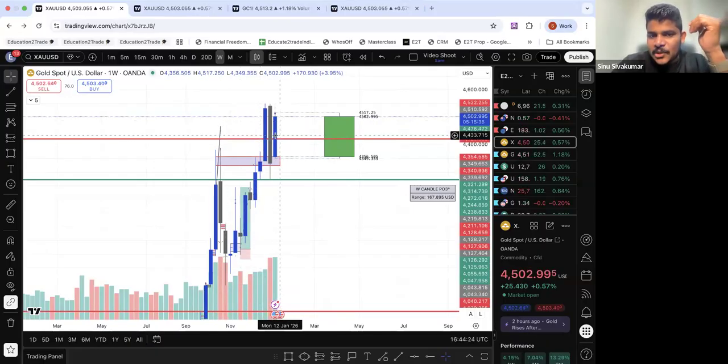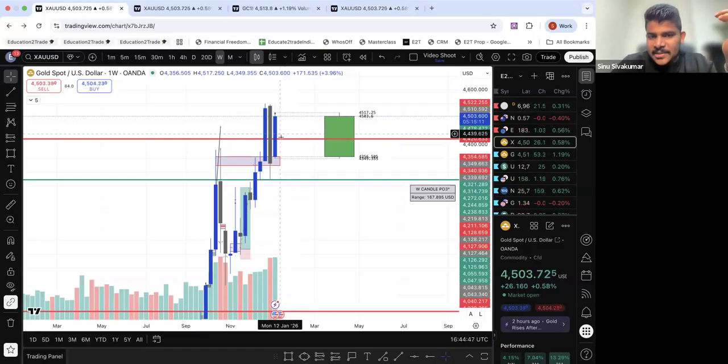If the market closes today anything above 4,420, then from next week onwards I'll be looking for opportunities where the sellers are trying to push down, but the buyers are accumulating. That will be the plan of action for next week.